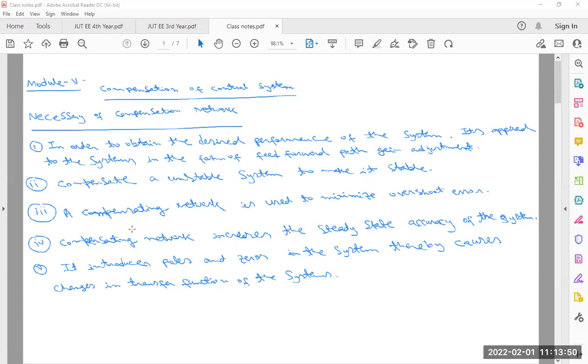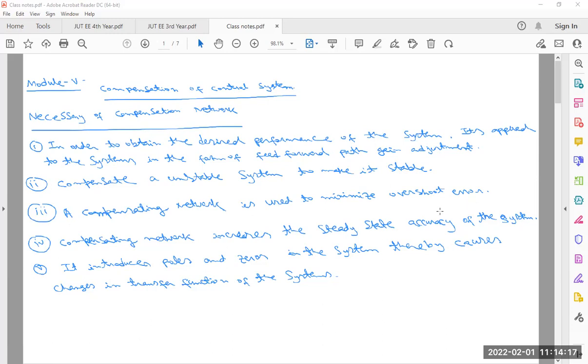That means when you use an unstable system, frequently some error is coming, sometimes it is not stable. So in that case, we use a compensation network circuit for stability of the control system. Number three, a compensating network is used to minimize the overshoot error.